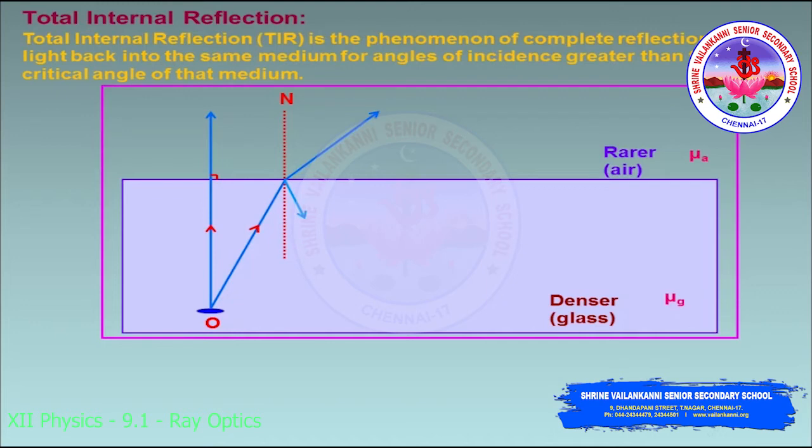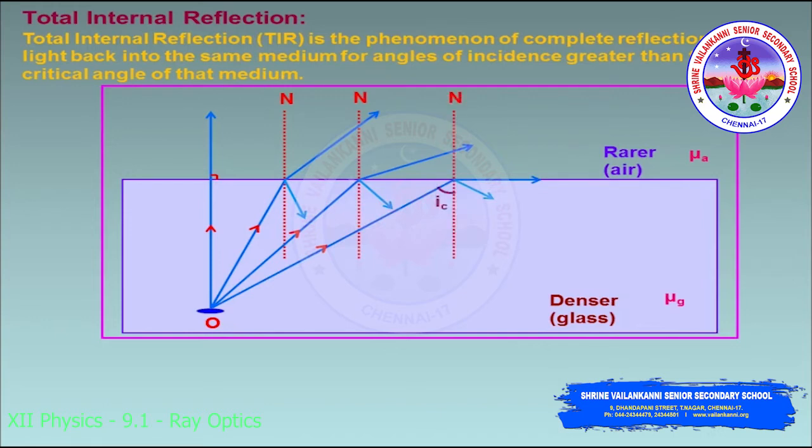As the angle of incidence increases, the angle of refraction also increases. Then for a certain angle of incidence, what will happen? The angle of refraction becomes 90 degrees.